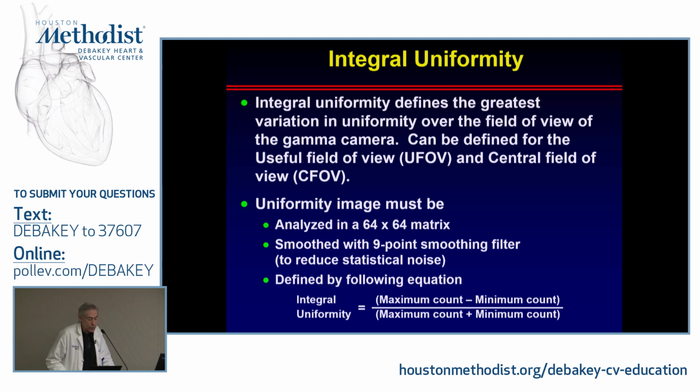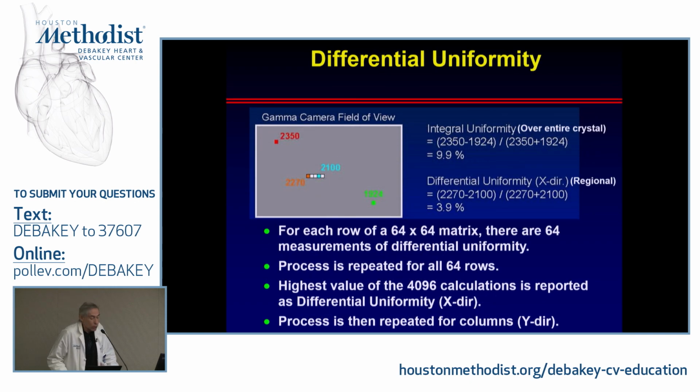And we do that by looking at basically a percentage of differences between different points on the crystal. So in integral uniformity, we basically look at different points, and we take the highest point, the highest count number versus the lowest, in a different area of the crystal, and get a percent. So, for instance, the integral uniformity of this crystal is 9.9%, which is not very good.